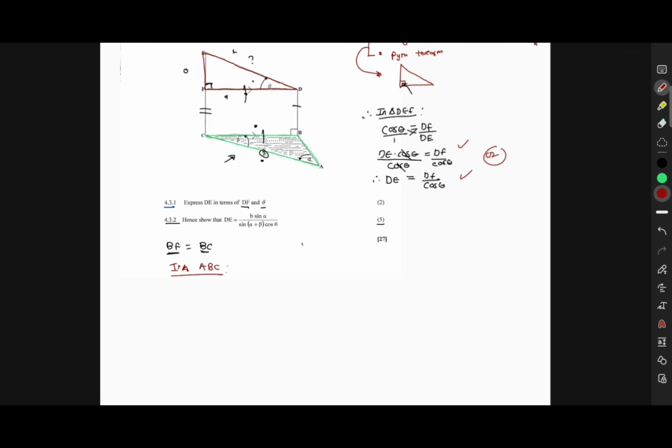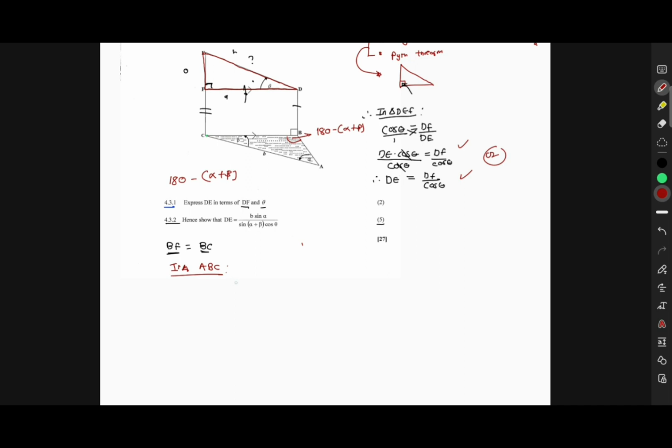But you might be asking yourself how, because we are not given all the angles, we can calculate this angle using the summation of interior angles of a triangle. Remember that this angle here is 180 minus alpha plus beta.